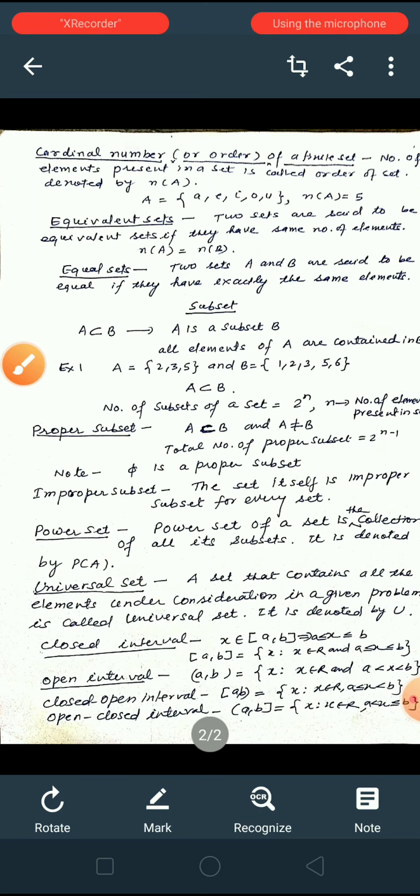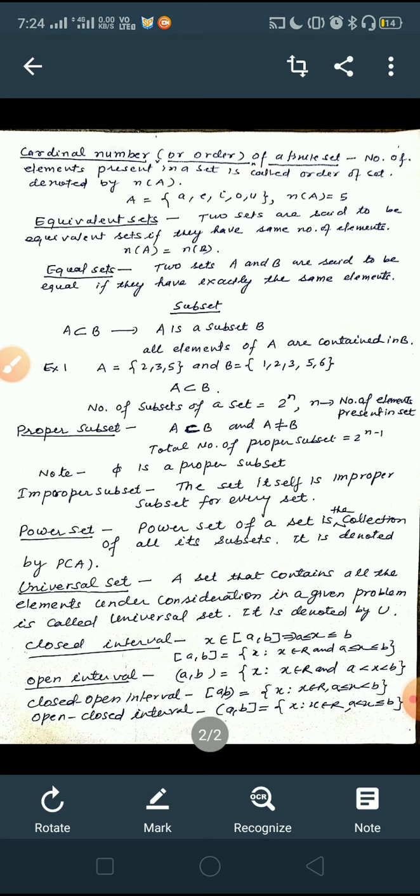Now universal set. A set that contains all the elements under consideration in a given problem is called the universal set.